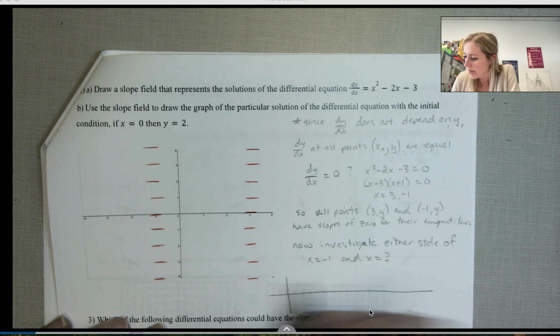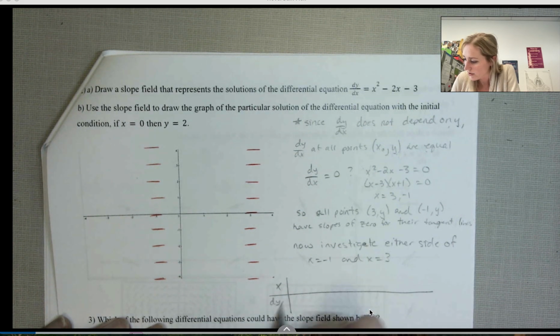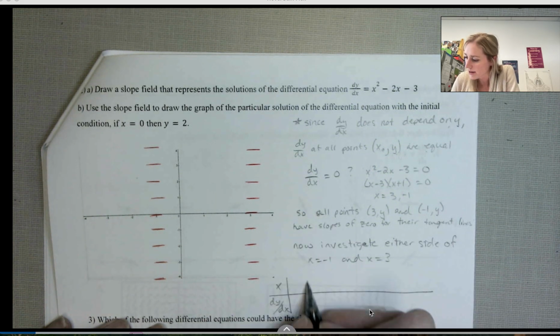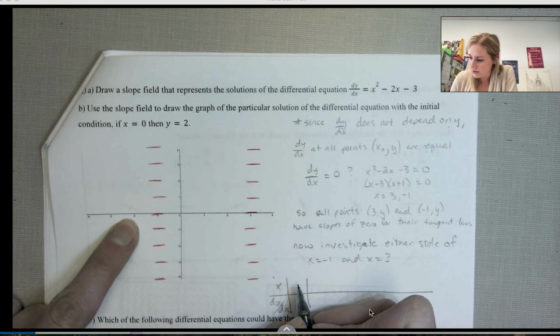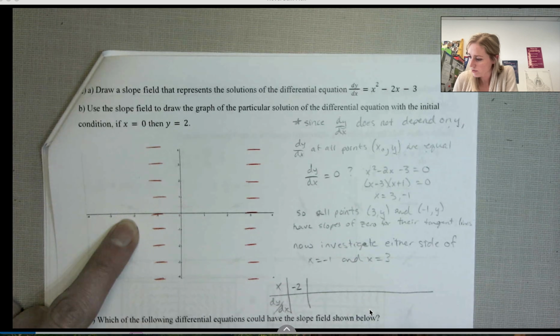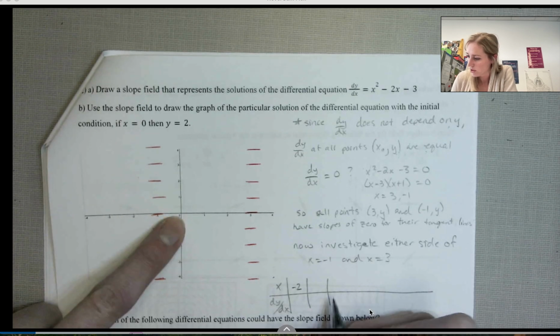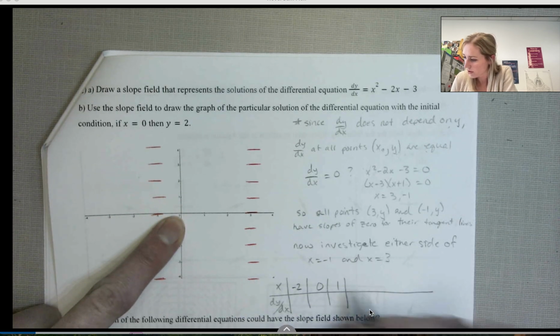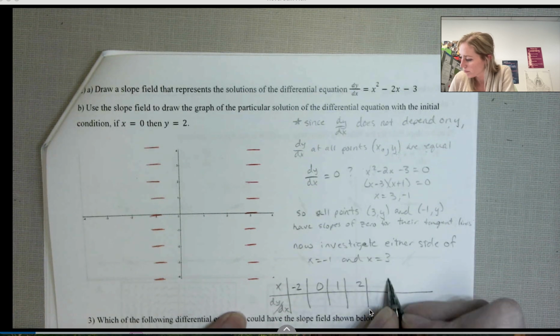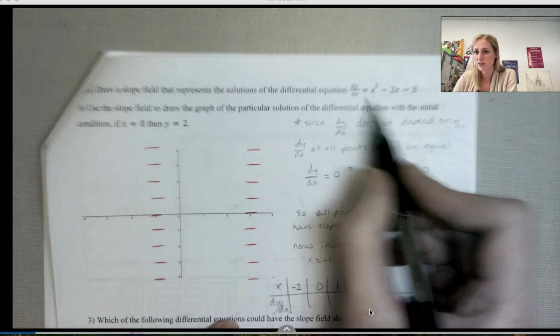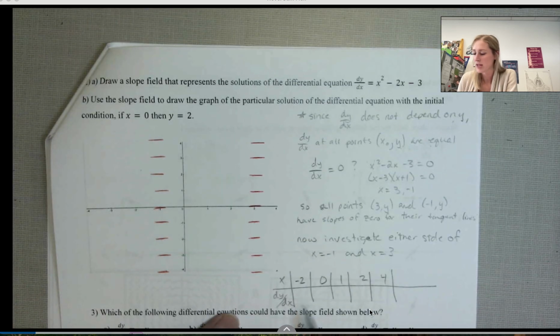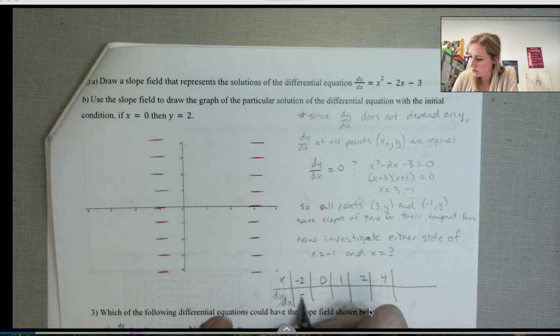And I'm just going to do x and dy dx because the y's do not matter, right? So we check on this side of -1. So let's do -2, 0, 1, 2, and then 4. Okay, so all I'm going to do is plug these in for x to see what dy dx equals. I already went ahead and did this, you guys, but you can double check my math, okay?